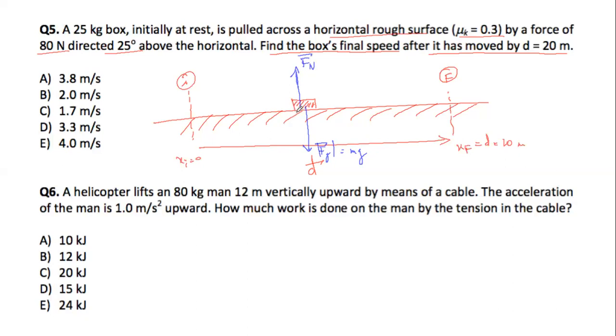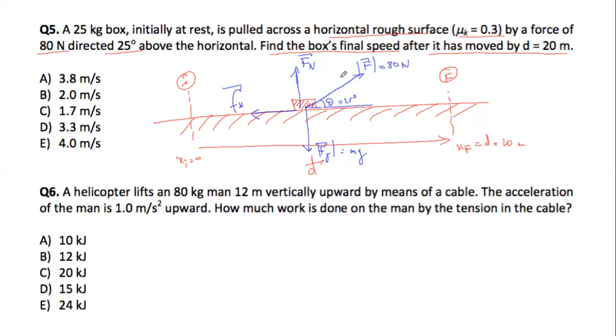Well, it's moving, so I have the frictional force, Fk, which is opposing the motion. And then I have my pulling force, which is F. Let me draw it like this. It's equal to 80 Newton, and the direction is theta, which is 25 degrees above the horizontal.